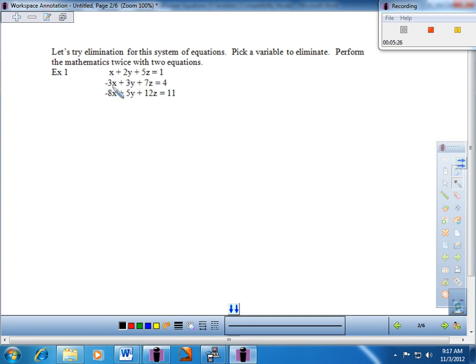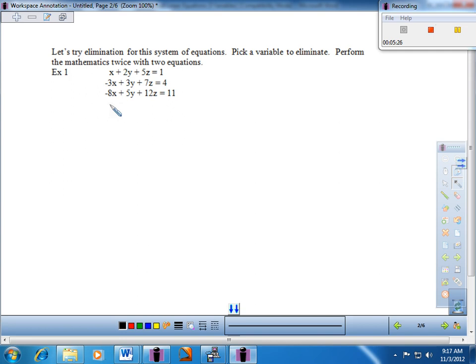If you kind of look at this piece, I have a negative 3x here. I could probably pretty easily get a 3x right above it. So I can eliminate the x's in these two equations. And then kind of tying together 1 and 3, same idea. I have a negative 8x down here. Well, if I go ahead and somehow manage a positive 8x right up here, which shouldn't be too hard, then I can eliminate the x's that way as well.